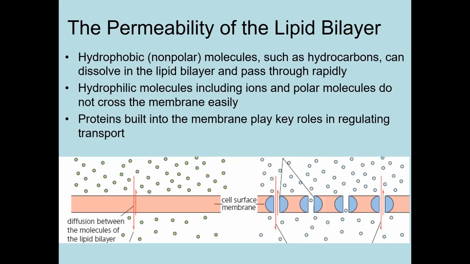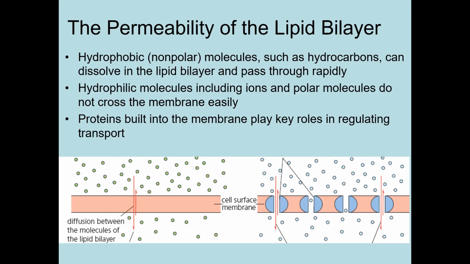So here's another graphic of that, just to show us how certain things may move. Here on the left is the ability of something called diffusion. Diffusion here is when you have something like a hydrophobic and non-polar molecule, like a hydrocarbon, that can just freely dissolve and move through the layers of the membrane to pass through to the other side. In contrast, hydrophilic molecules are unable to simply pass through membranes, and they're going to require one of the types of proteins that would allow them to move from one side to the other.